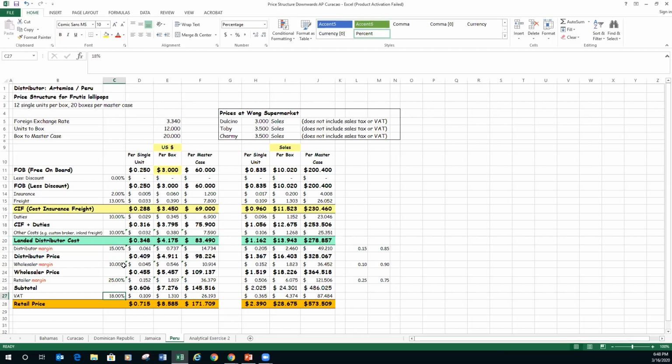The only thing that is very important is that it was very easy to calculate the 10%, 10%, 13%, 2%, because those are markups. You have a base and you add a percentage on top of that. So markups are calculated on the cost, but margins are calculated on the selling price.